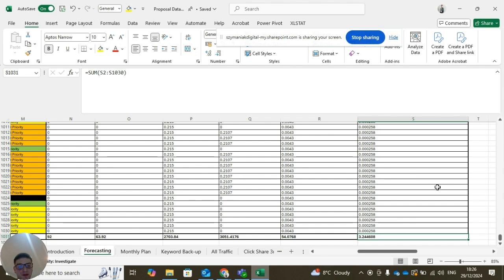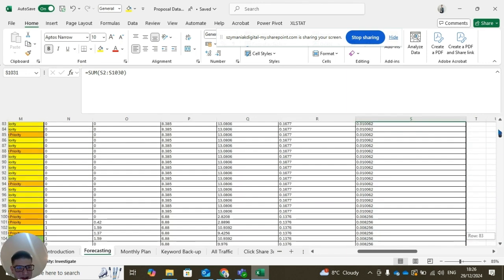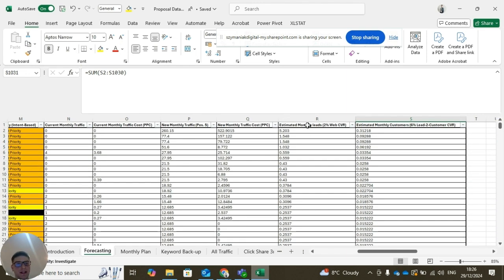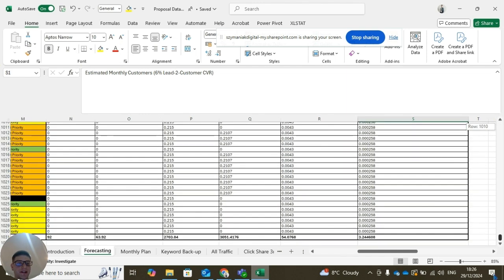So, for example, if they were to get 3 customers, and 2 of those customers were to stay with them for, I don't know, 3 or 4 years, then the ROI on that would be much higher. That's the beauty of working with service-based businesses: the leads and the customers SEO brings you, it doesn't really limit the customer lifetime value.